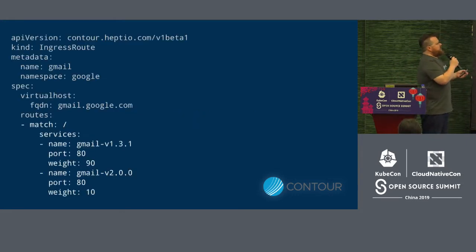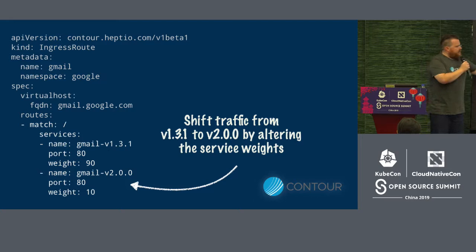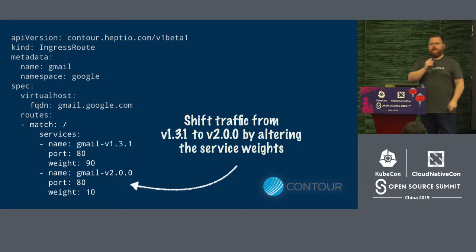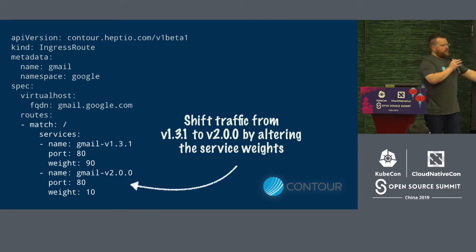So in this example, this is a totally made up product. I think it's some mail service. Now, 90% of the traffic is going to version 1.3.1. 10% of the traffic is going to version 2. So this is how you could do a blue-green style deployment. Maybe you start at 1%, you go to 10%, you go to 50%.